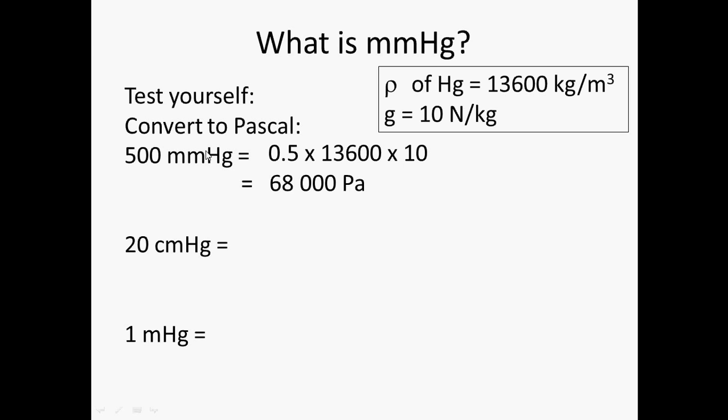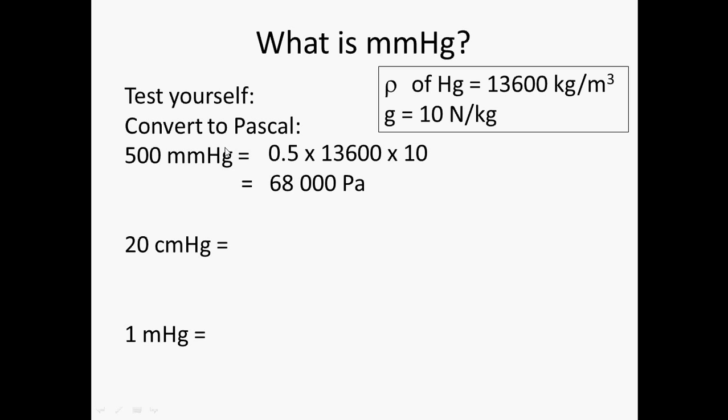That means that it is 0.5 meters of mercury multiplied by 13,600 and then multiplied by 10. So I can simply use h rho g to convert to Pascal. The reason why I'm using 13,600 is because I know that this is mercury, or Hg.